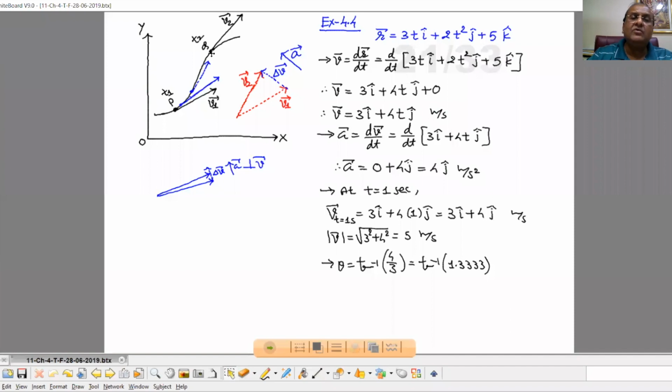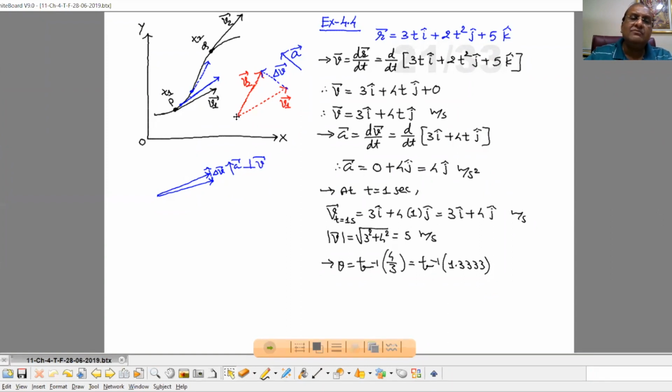Suppose at a particular instant t2 our particle is at position q. Then at q its velocity is again in the tangential direction, so the velocity vector v2 is drawn in the tangential direction. Now we want to find the change in velocity in this time interval t2 minus t1.